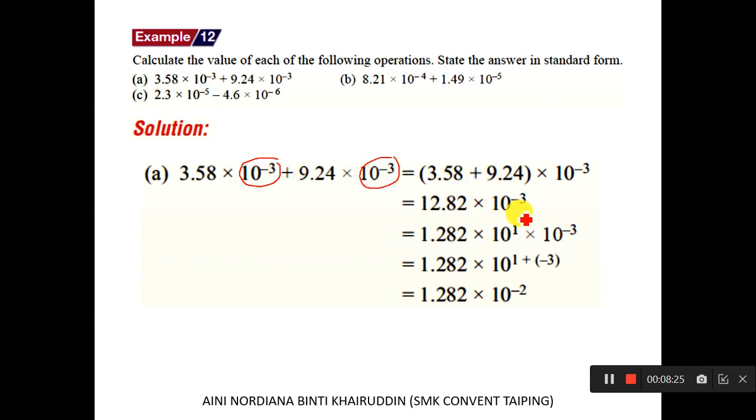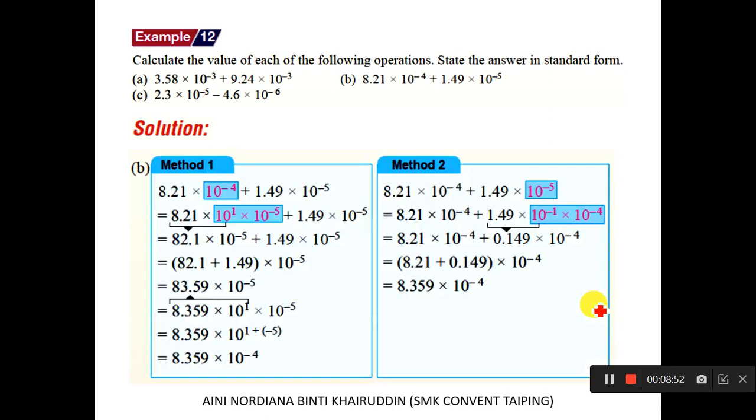Since this is not standard form, we change this to standard form. It becomes 1.282 times 10 to the power of 1. So for this, we just use the law of indices. Since this is multiplication, we can plus the power. So this is the final answer. So this is for question A.